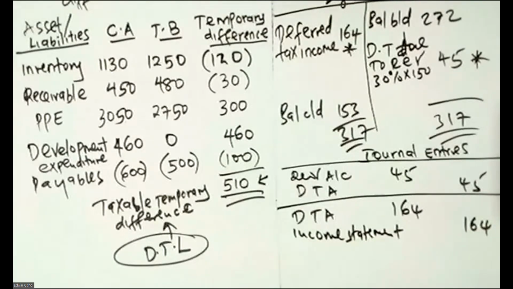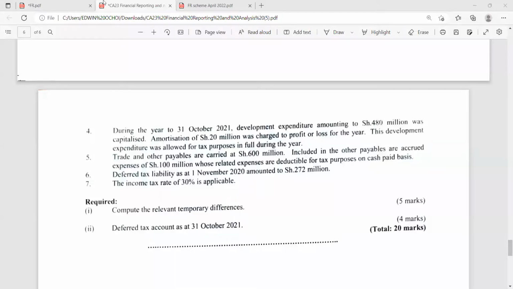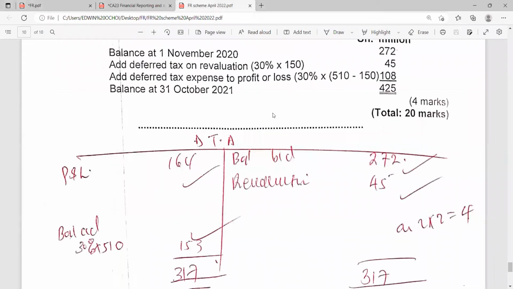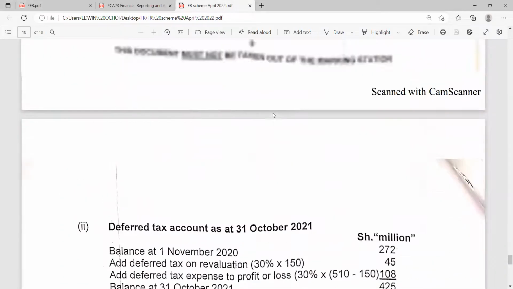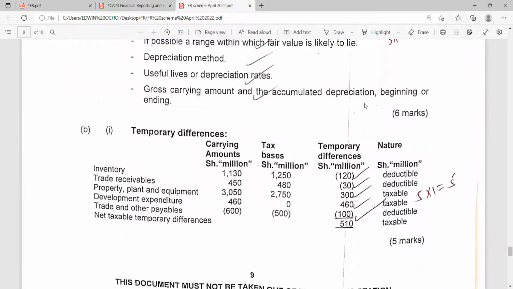That is how you were supposed to do this question for us, as 18. And I think you have the marking scheme for that. I shared. So they were marking these entries one for one.